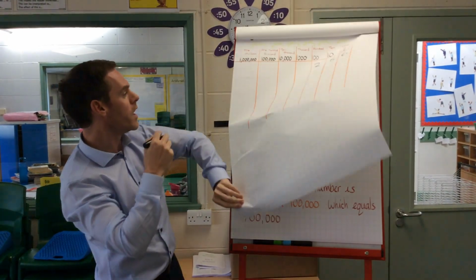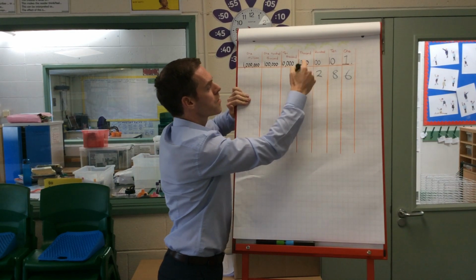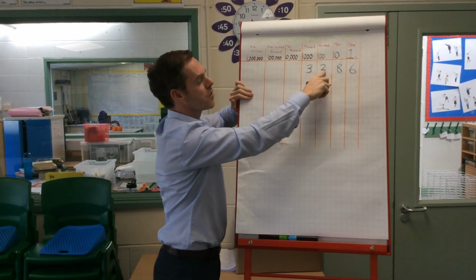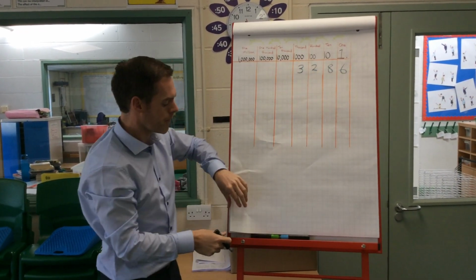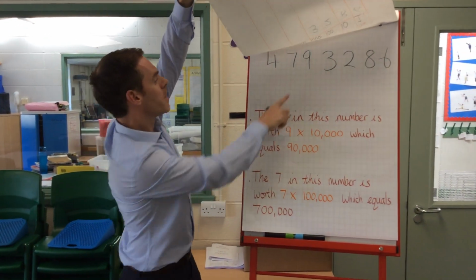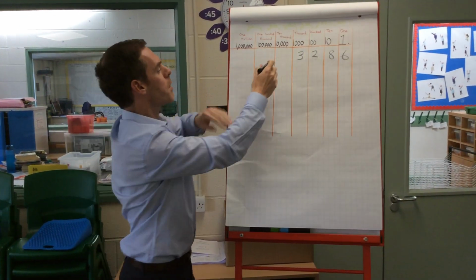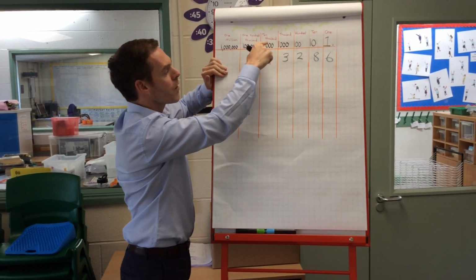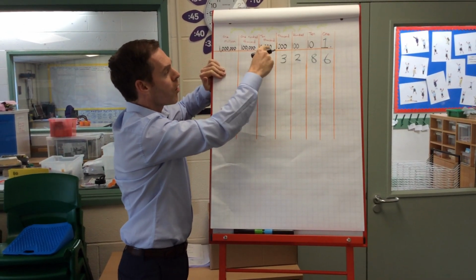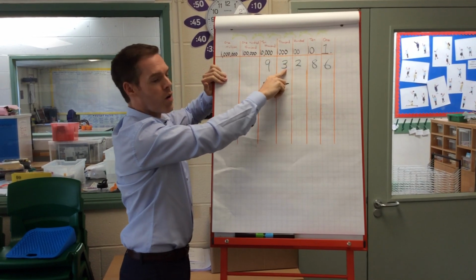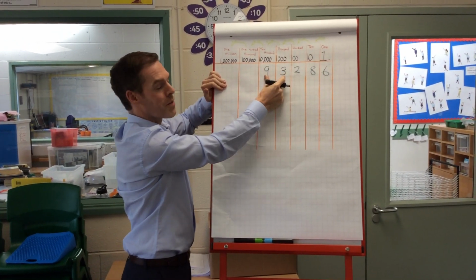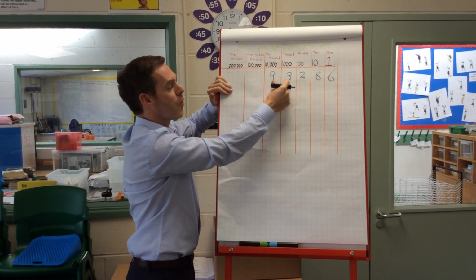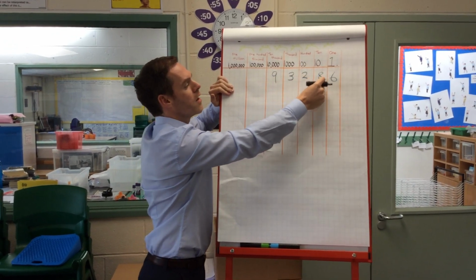Then I've got a 3 beside my 2, that goes in the thousands column, so now I've got 3,286. Then I've got a 9 beside the 3, so my 9 has to go into this column, which is the 10,000 column. So I've got 9 of those. So I've got 90,000, but I've also got those 3,000s here. So I'm going to group that together and say 93,286.